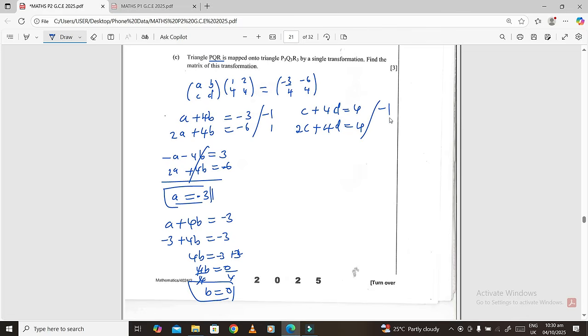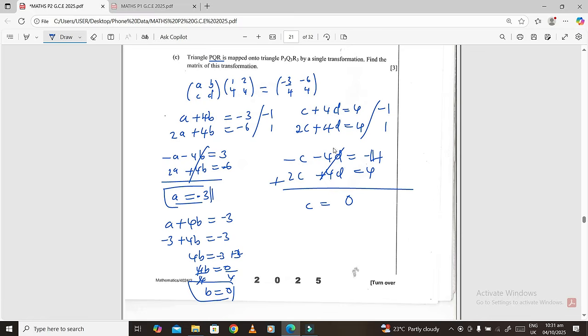The same here. This is negative C minus 4D is equal to minus 1. 2C plus 4D is equal to 4. We add, this is a C, this one we cancel out, is equal to, okay? Are we doing the right thing here? Actually here it's 4. Negative 4. So when we work out here, we're getting a 0.